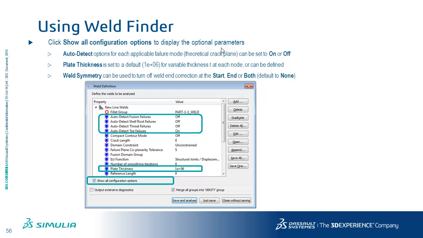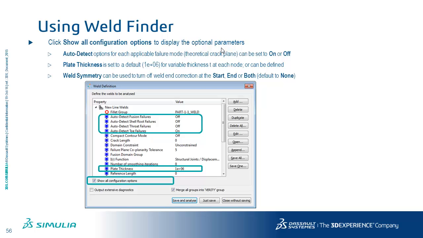If you modeled your component using any symmetry boundary conditions, for the algorithm, it's essentially treated as the end of the weld. Therefore, it would apply a weld end correction with stress concentrations. If that's not desirable, you may want to indicate that there is a symmetry condition at the beginning or the end of the weld.